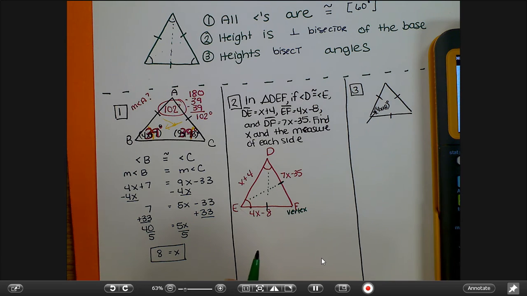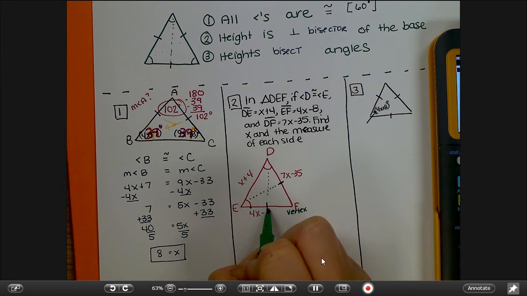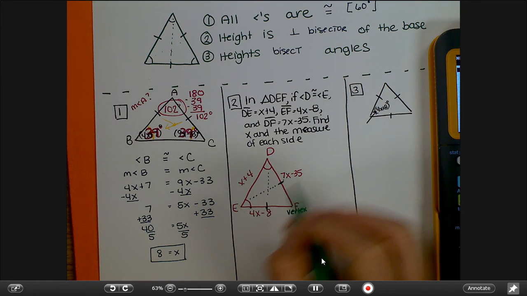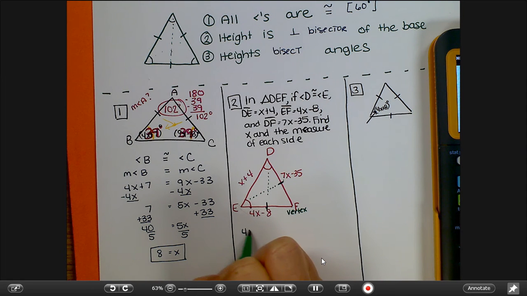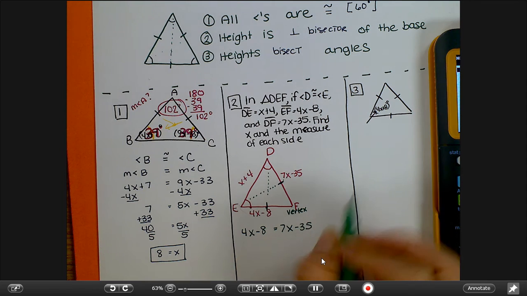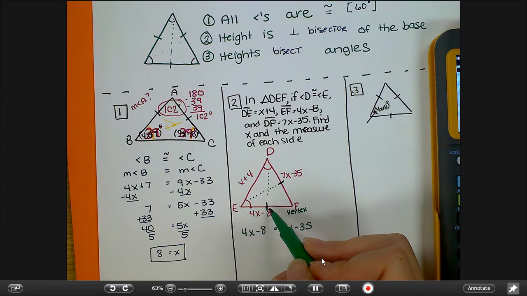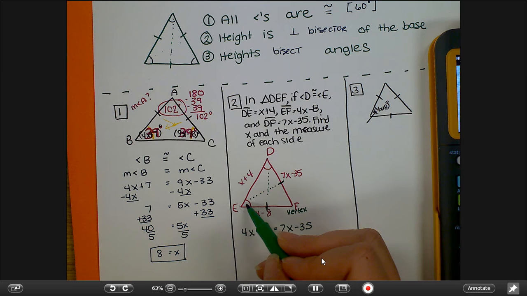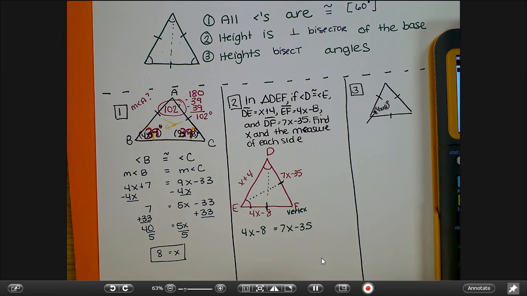We need to say, okay, well, I know that these two sides have to be the same. So I'm going to set up an equation. 4x minus 8 equals 7x minus 35, because these two sides are the same. And again, they're the same because they are the opposite ones from the base angles.